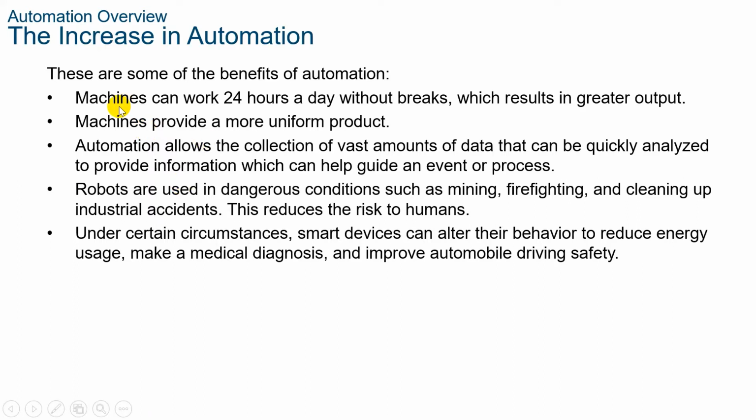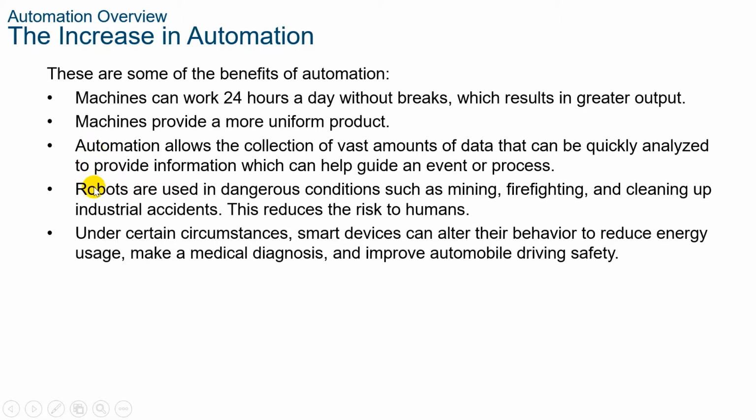Machines can work 24 hours a day without breaks, which results in greater output. Machines provide a more uniform product. Automation allows the collection of vast amounts of data that can be quickly analyzed to provide information which can help guide an event or a process.